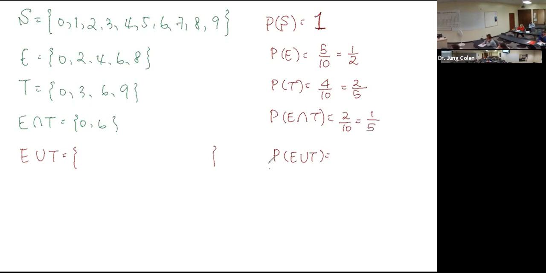Okay, now the hardest part. E union T. How did you find the E union T? Is there anybody who listed the union of E and T? Raise your hand. Nobody did that way. Then how did you find the probability of E union T?